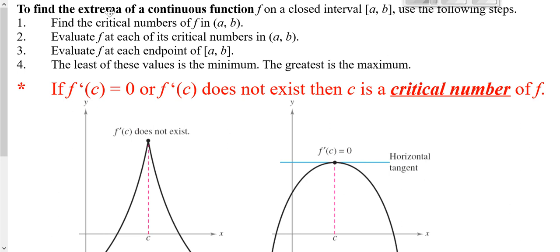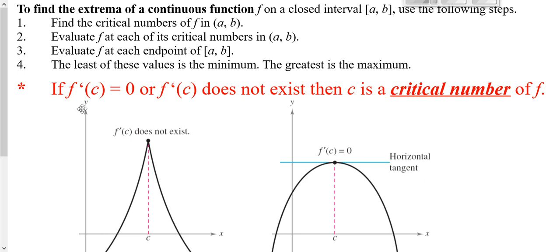So for these extrema, the max and mins, when it's a continuous function on a closed interval, we need to go ahead and find our critical points. And then we need to evaluate those critical points, and then we can see what we have for our max and our min based on what we get when we plug in those critical points.